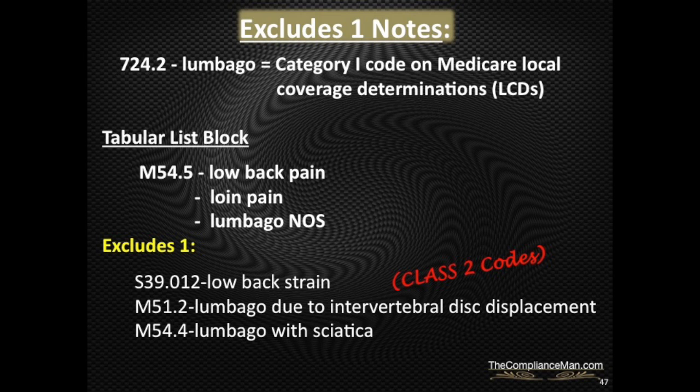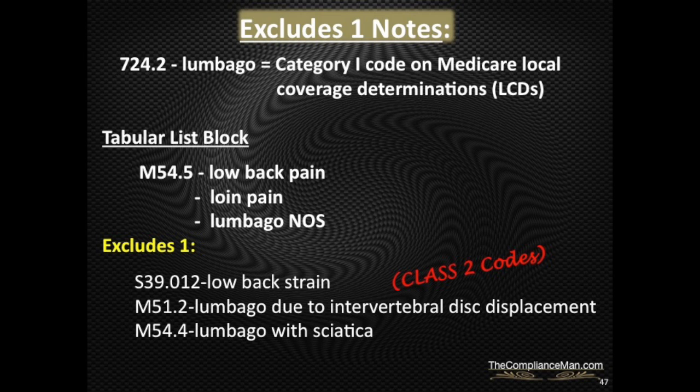All of these are class 2 codes, which means with the insurance companies that it will probably take longer for these conditions to improve, giving you more time to treat the patient if your documentation can support it.